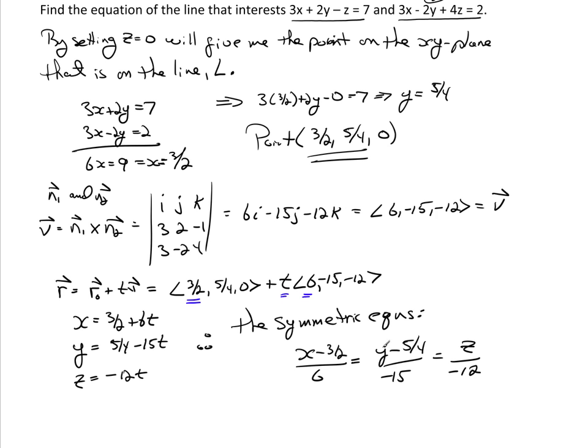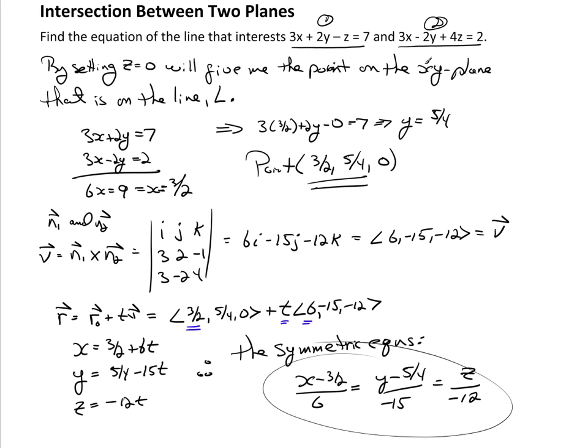Now again, the nice thing about these symmetric equations is if I'm given any value of x, y, or z, I can quickly and easily find the other two by using these symmetric equations. So just briefly kind of review what we did here. We said, okay, we have these two planes. I can find a point by letting z equal 0, and I picked z equals 0.